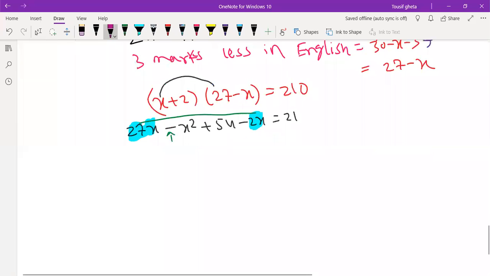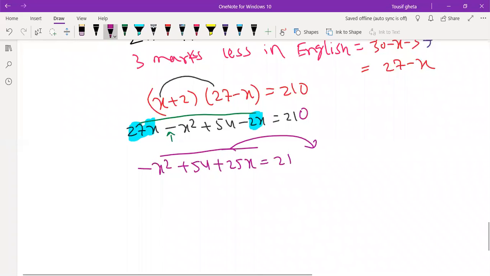So minus x square plus 54, and 27 minus 2 will get 25. Now we will take this whole equation to this side. Sorry, 210. Very good focus. x square minus 25x plus 210 minus 54 is equal to 0.